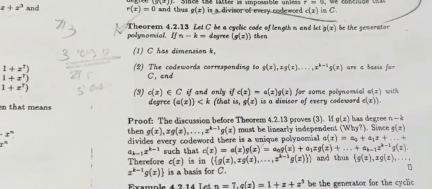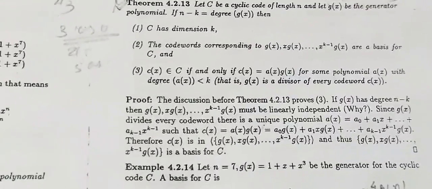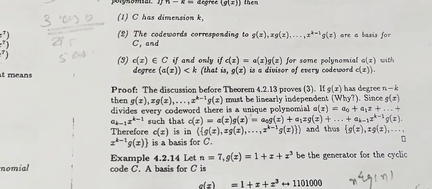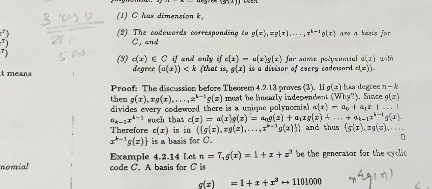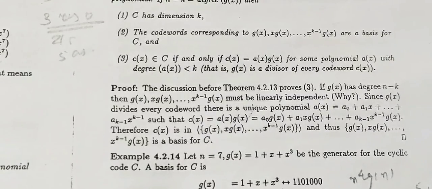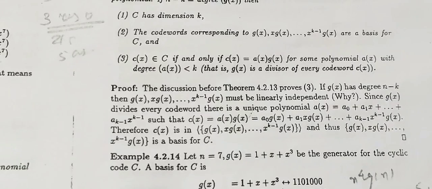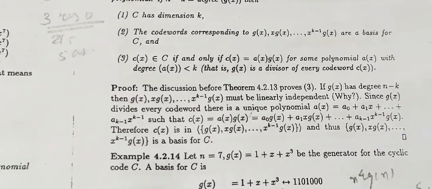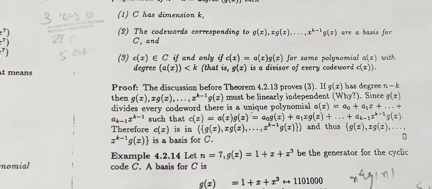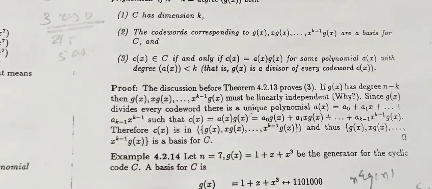And the second one is the code words corresponding to g of x, x g of x, etc., x raised to k minus 1 g of x are the basis for C, and C of x belongs to C if and only if C of x is equal to a of x into g of x for some polynomial a of x with the degree of a of x less than k, that is g of x is the divisor of every code word C of x. So this is the result already discussed in lemma 4.2.12, and uniqueness and the above conditions. So this is okay.